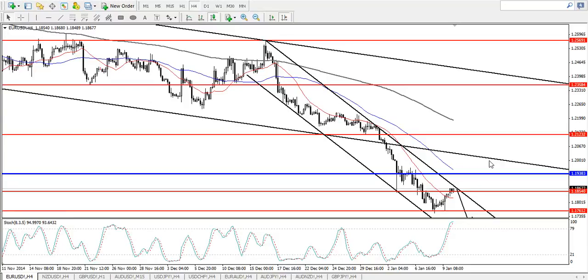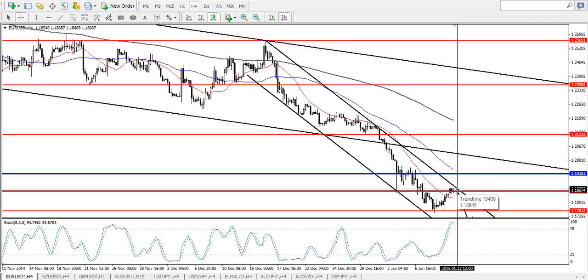Of course, at the same time, we also look at the euro itself, the European Central Bank looking at expanding their balance sheet, or to put it in other words, to apply quantitative easing. So that's for the euro against the US dollar.